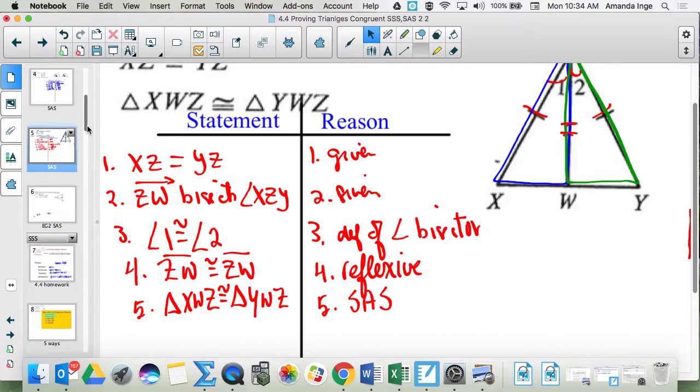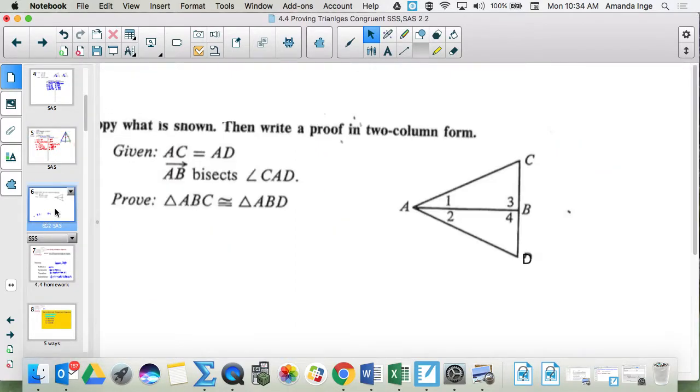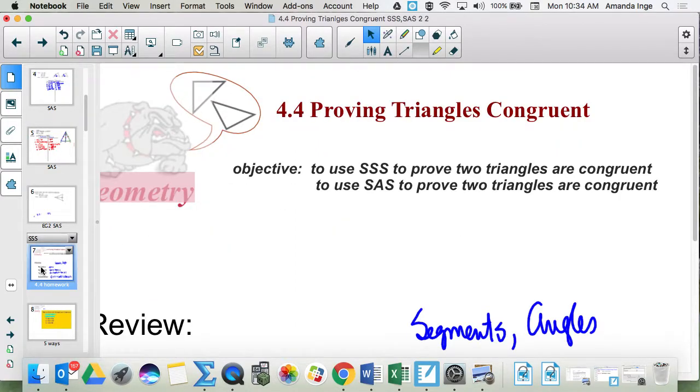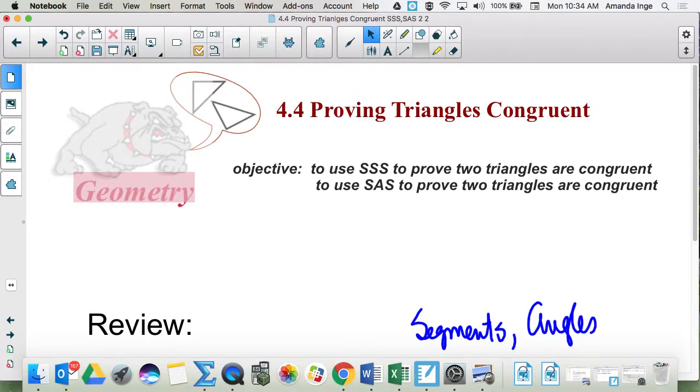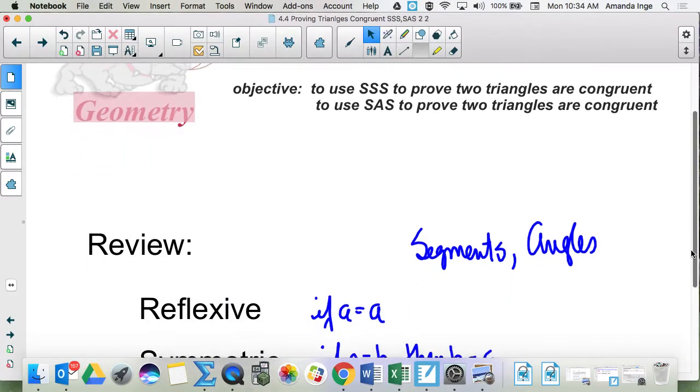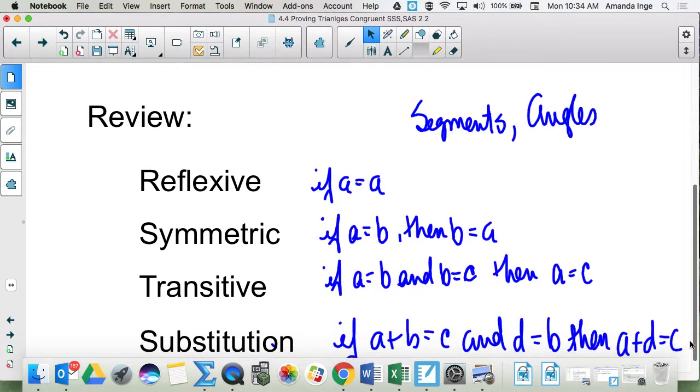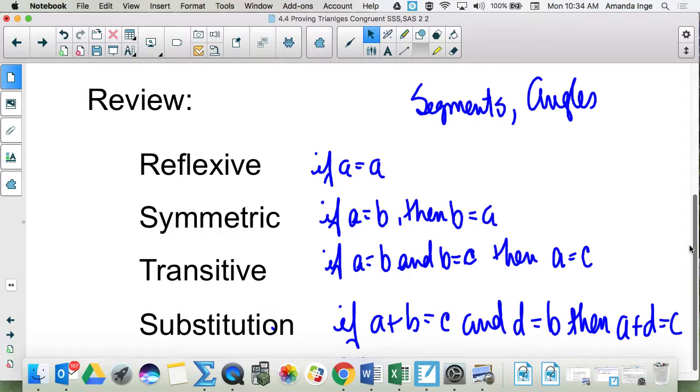Okay, so we'll skip this one. Might come back to it if we have time. So now let's look at, and I probably should have reviewed these before we started, but remember the reflexive property says if A is equal to A, and this is true for segments and angles.